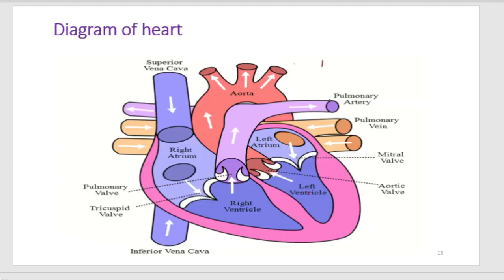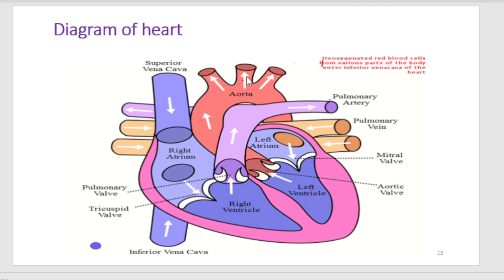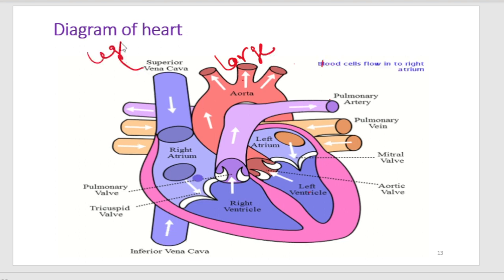Now come to the functioning of the heart. These are some of the components. Aorta, which we recently discussed, is the largest artery, and vena cava the largest vein. This is the pulmonary vein.